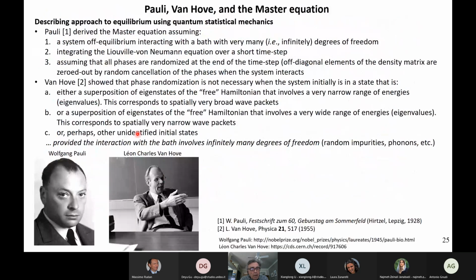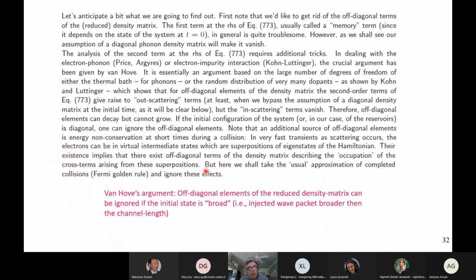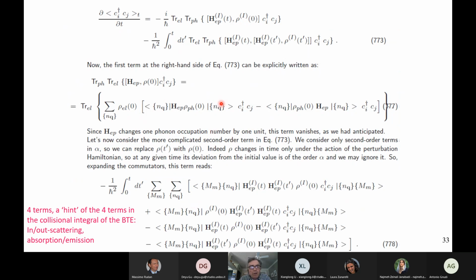Where was I? Class A of the Van Hove states, okay? So I can apply the Van Hove argument as long as my active region in the device is sufficiently short. Not a big surprise because it's sort of perturbation theory, which means scattering over the entire region is weak, which is of course true if you take a wave function which is localized over a small region.